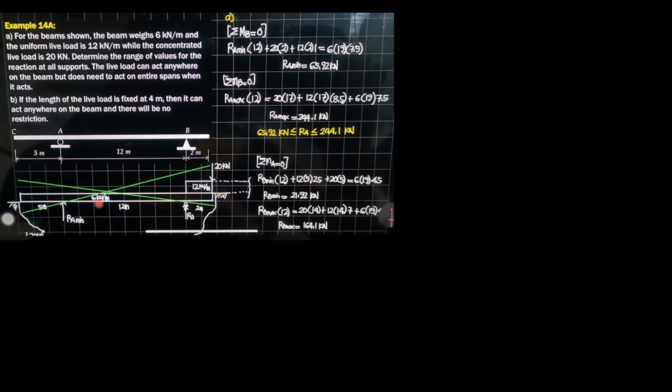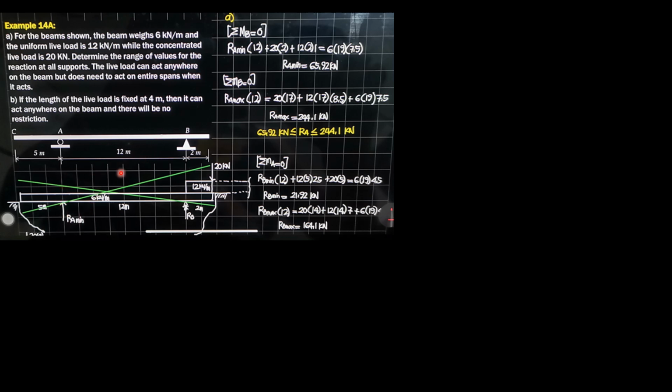6 kilonewton per meter over the entire length of 19 meters, and 12 kilonewton per meter over 2 meters only, and 20 kilonewton concentrated live load over this end. So by summing up moments about B equals 0, we can compute RA minimum. So summation of moment B equals 0, clockwise positive.